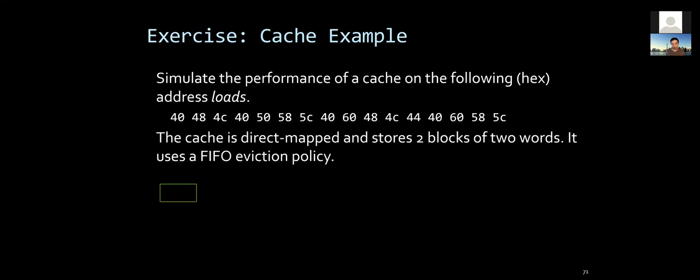So instead of having 4 sets, I'm gonna have 2 adjacent blocks. You see it, right? So that's a change in configuration in the cache. So now I'm only gonna have 2 sets. Every time I bring 1 word, I bring an adjacent word as well, depending on the address.